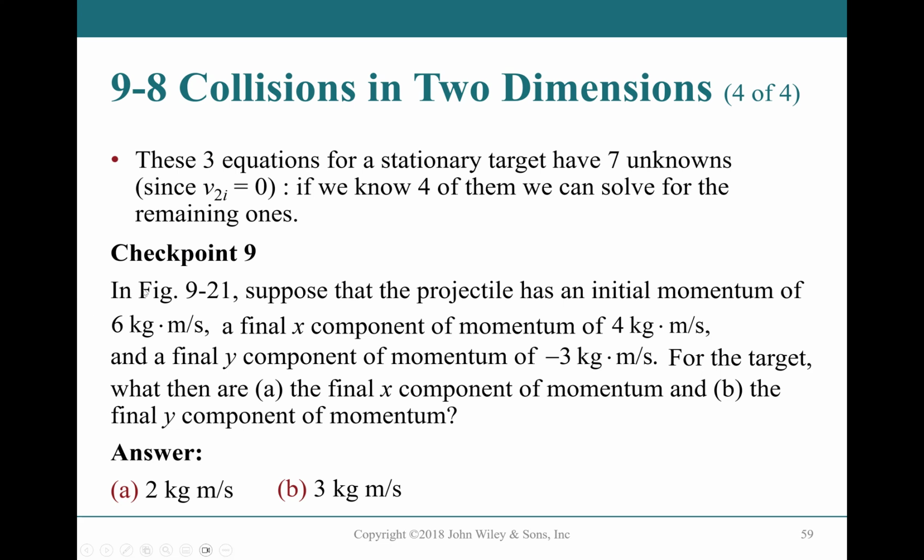Okay, so let's take a look at this checkpoint. Suppose that the projectile has an initial momentum of 6 and a final x momentum of 4 and a final y momentum of -3.